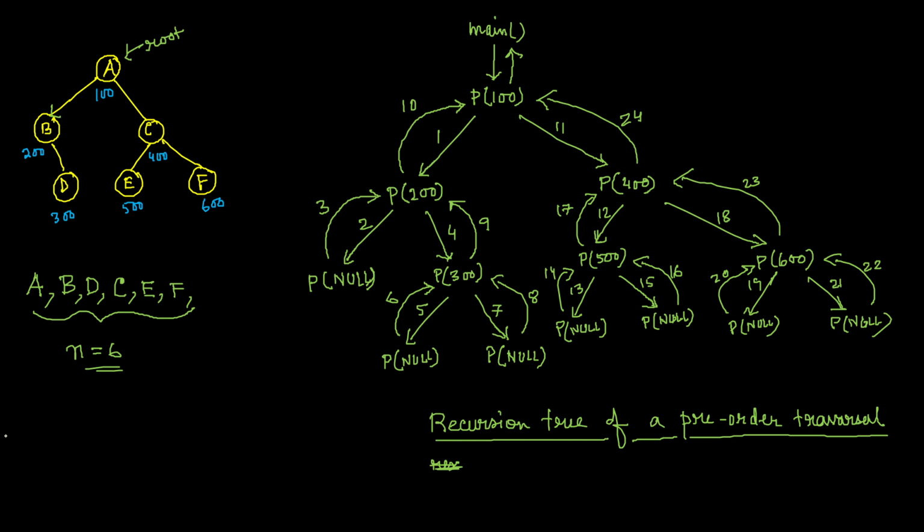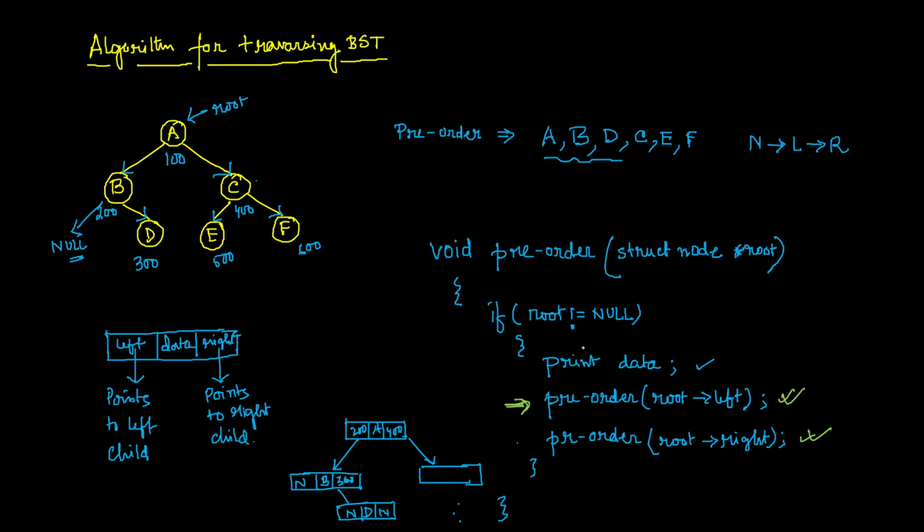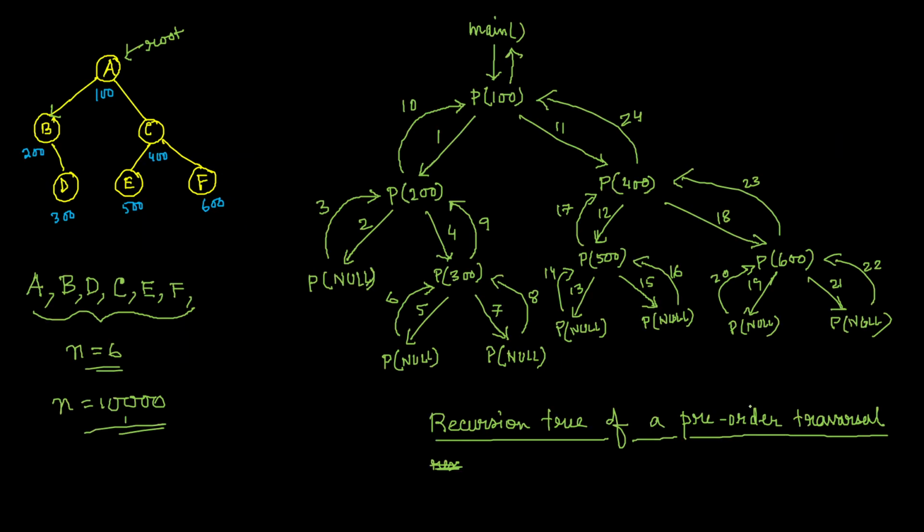So when n becomes 10,000, you see how complex it will be, which is pretty difficult to visualize. So that's why we generally use the recursive solution, so that we can easily write the code with no complexity, although there is much complexity which is hidden from the programmer's point of view.